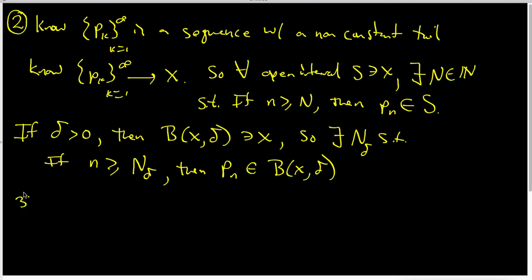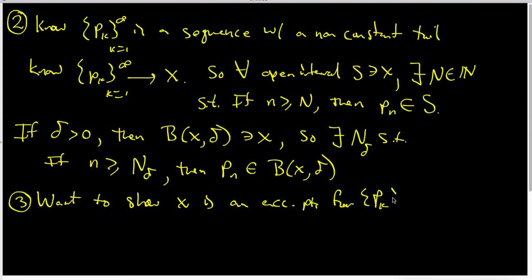Now, the third thing that I'm going to be talking about in terms of scratch work is putting together what I'm wanting. I want to show that x is an accumulation point for this infinite sequence, and this infinite sequence does not have a constant tail. So what does that mean?